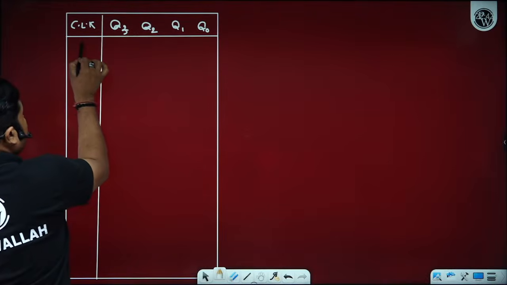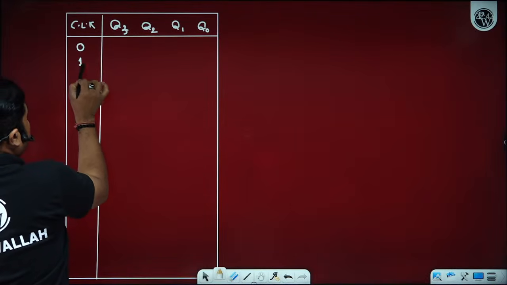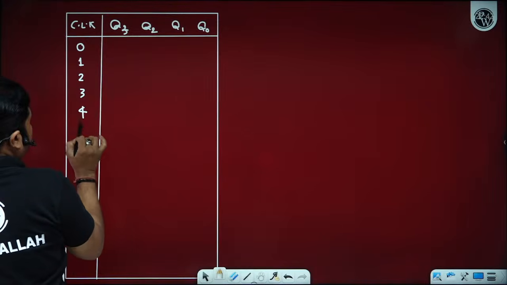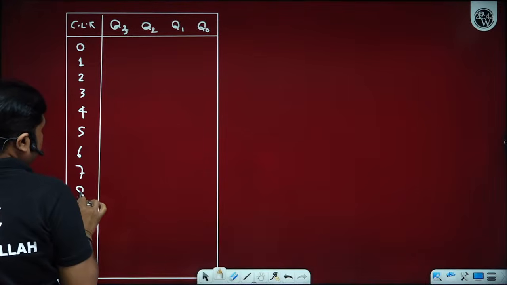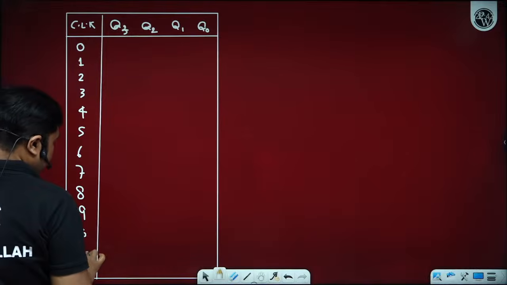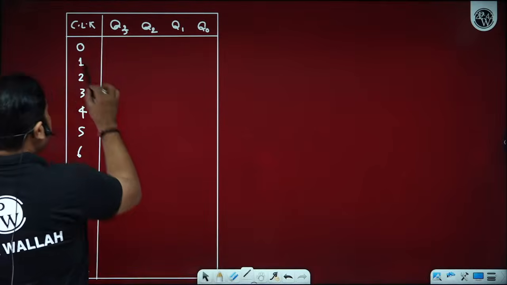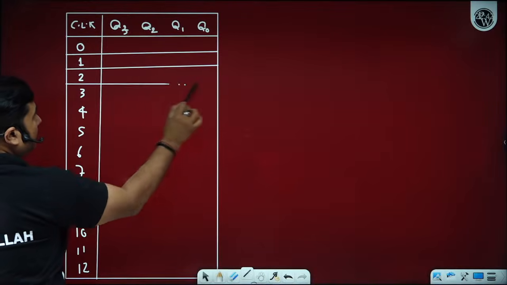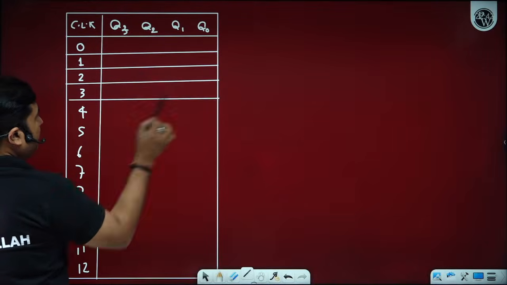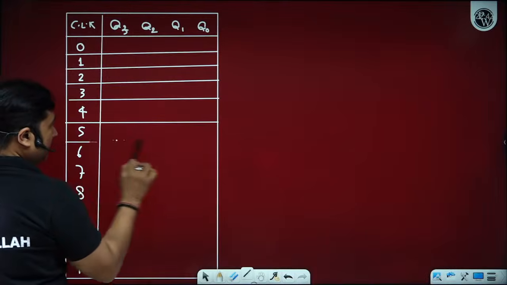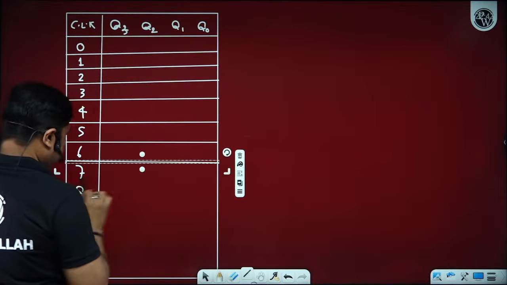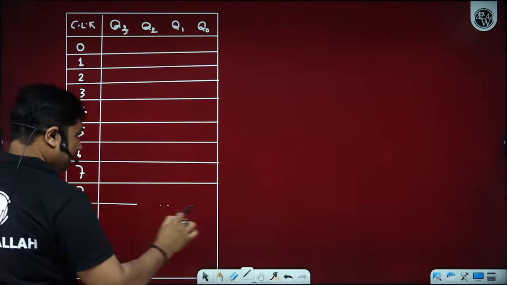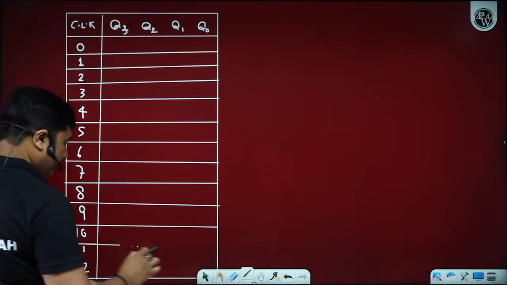Counting clock pulses 0, 1, 2, 3, 4, 5, 6, 7, 8, 9, 10, 11, 12, what we want is that the binary of 0 to 9 appears, and then the repetition happens again from 0 to 9 only, the binary of 0 to 9.